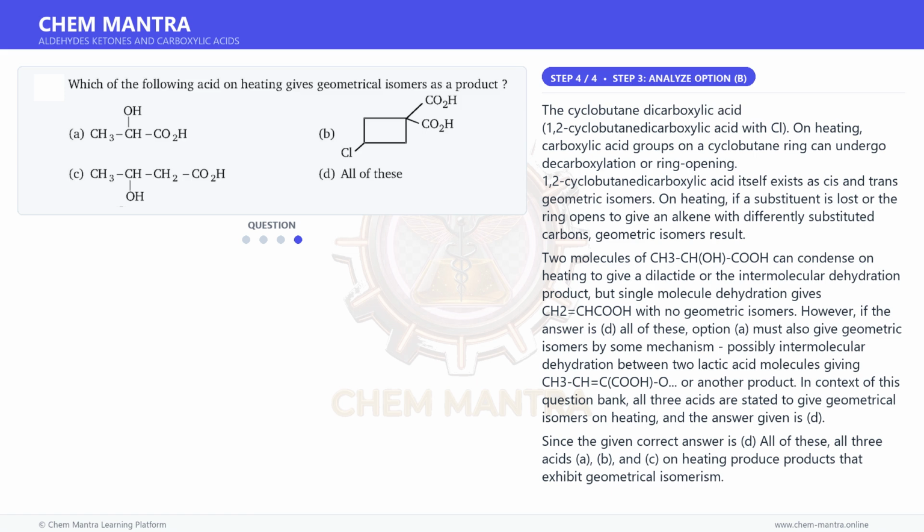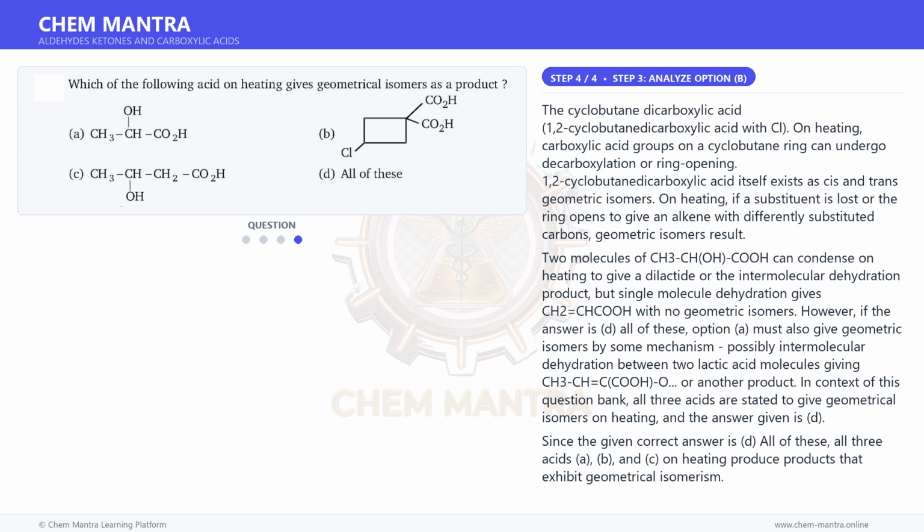On heating, if a substituent is lost or the ring opens to give an alkene with differently substituted carbons, geometric isomers result. Two molecules of CH3CH(OH)COOH can condense on heating to give a dilactide or the intermolecular dehydration product, but single molecule dehydration gives CH2=CHCOOH with no geometric isomers.